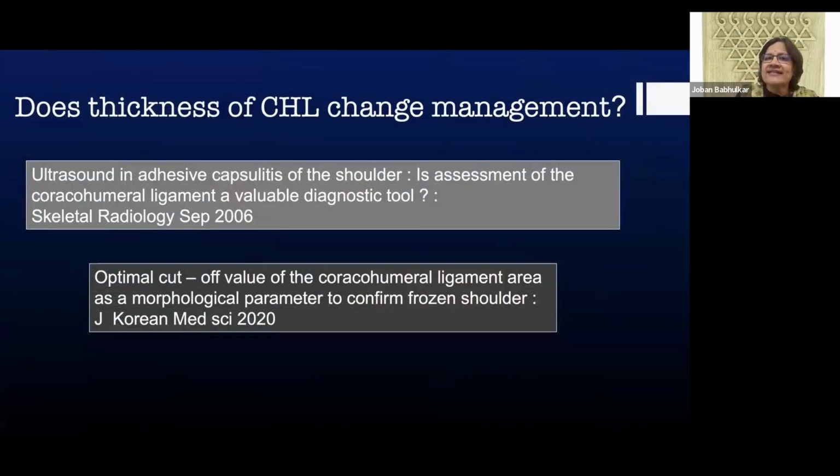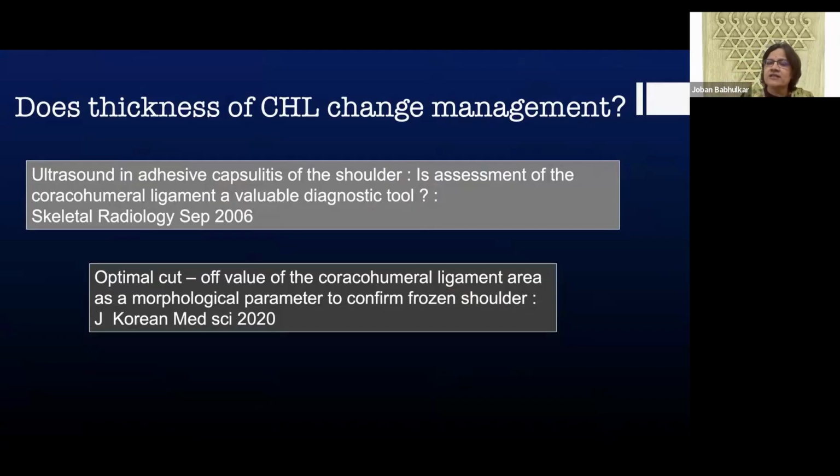Now, a lot of people ask me this question, therefore, I'm going to address it. Does thickness of the CHL change your management? Now, this is really controversial, but trust me, I've been doing this for the last 7-8 years. Many patients who have external rotation 0 often have a completely normal looking coracohumeral ligament.